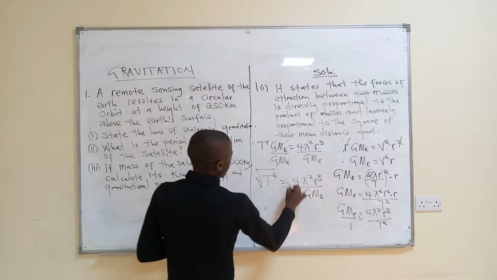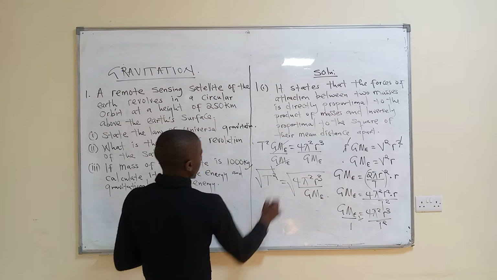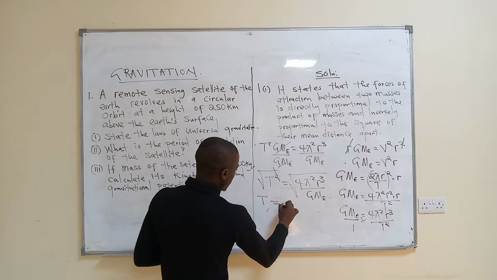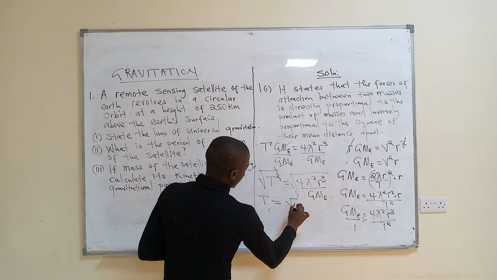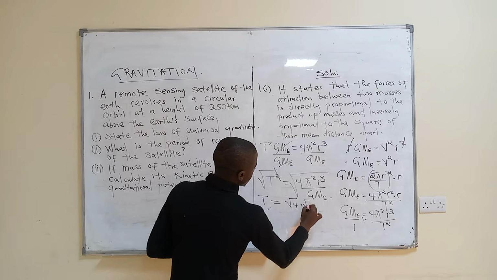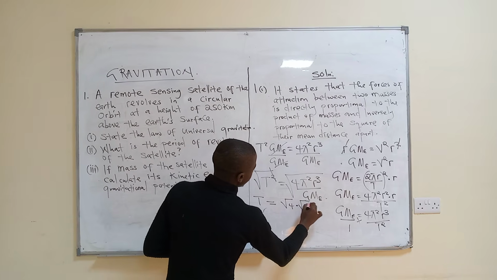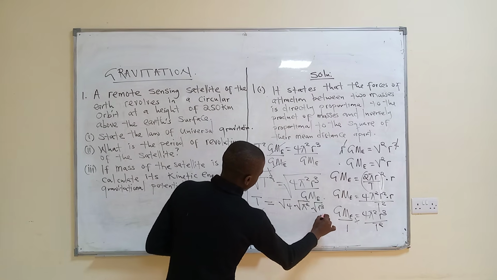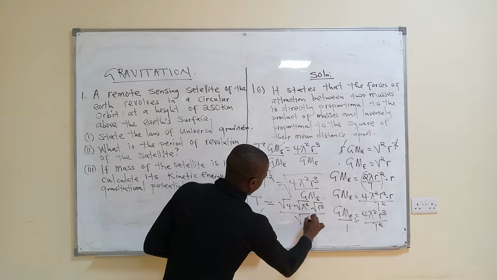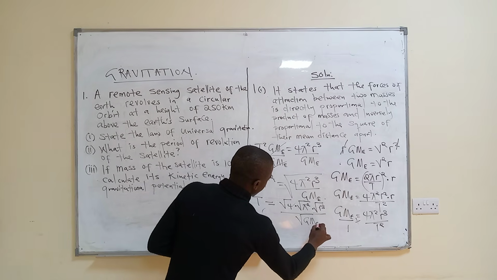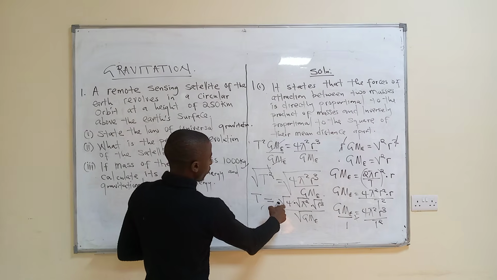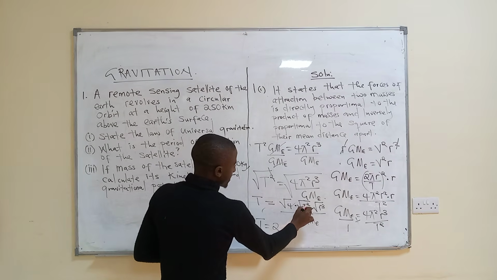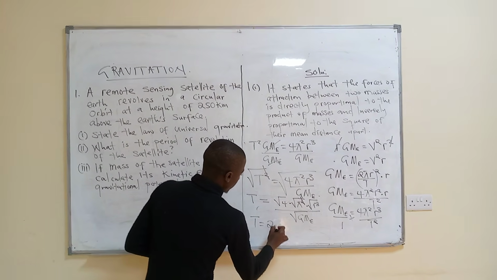Square root both sides to get the value of T. T equals the square root of 4, also the square root of pi squared, also the square root of r cubed, over the square root of G Me. The square root of 4 is 2, and the square cancels with the square root, so I remain with pi.